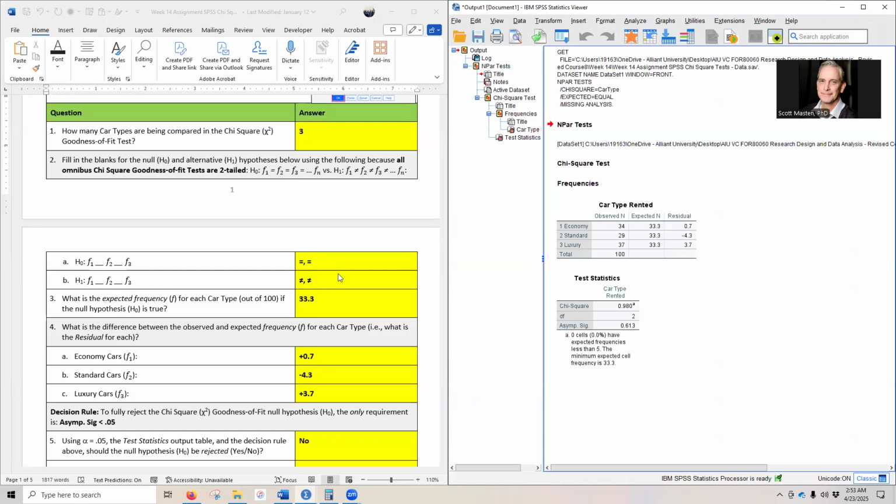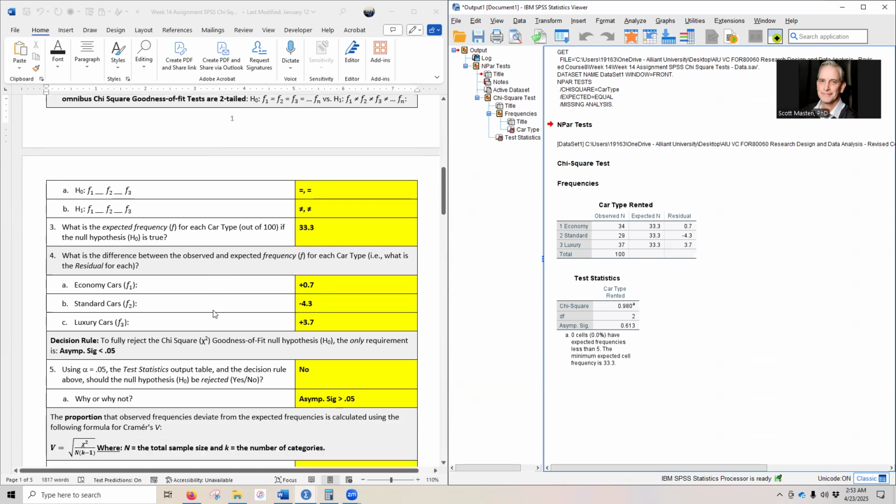What is the expected frequency of each car type out of 100 if the null hypothesis is true? I just told you it's 33.3 because we rented a total of 100 cars, but the good news is SPSS calculates it, so 33.3 is the number of each type of car we would have expected to rent if the null hypothesis is true. That is, their categories are all equal. All right, so then we're going to write the residual.